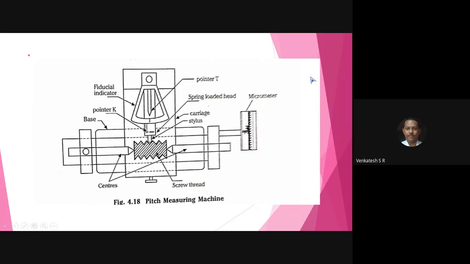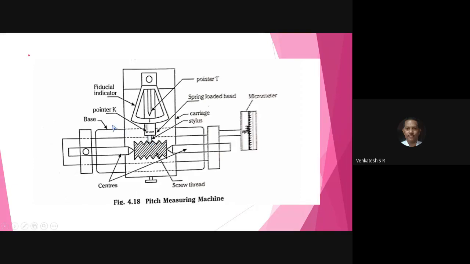Once again, the pitch measuring machine. In this machine you have two centers. In between the centers you can fix the workpiece, the thread component. Then there is a pointer in the head, and a spring loaded stylus head. You can pull down the stylus head and place the stylus on the thread.